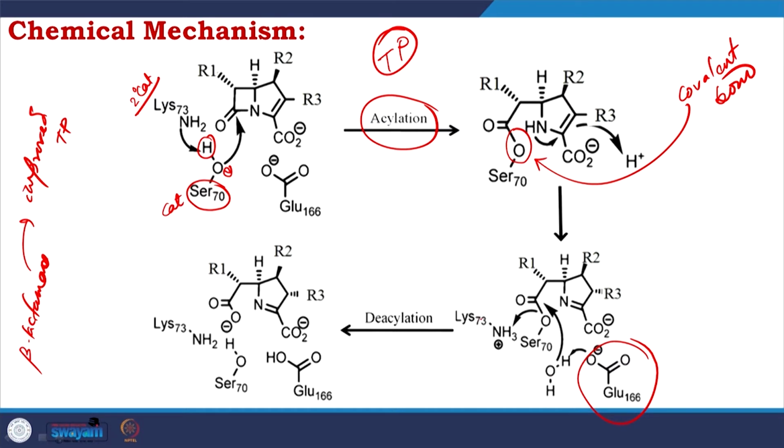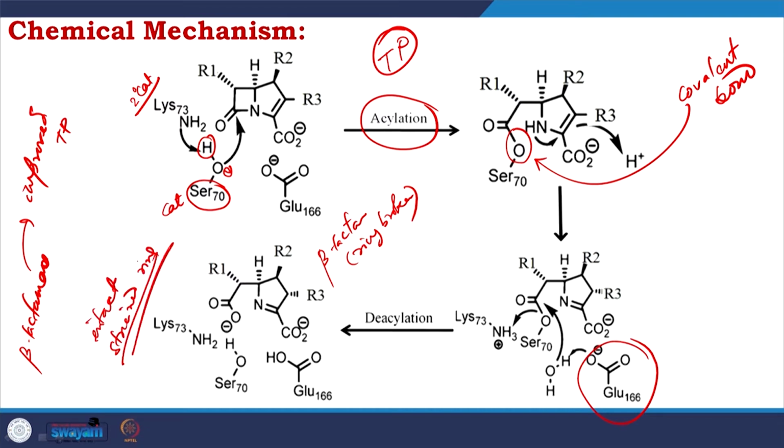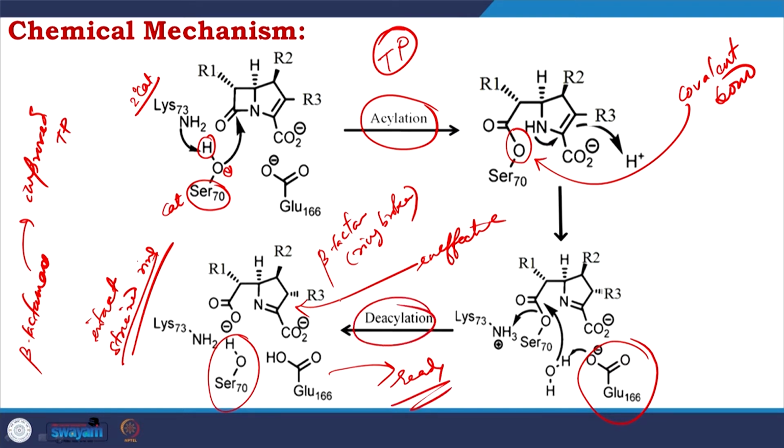So, now the beta-lactam ring is broken, and we know that beta-lactam's activity is because of the intact strained ring. So, in absence of that ring, it is now ineffective. But the enzyme, if you look, the serine is free. So, the enzyme is ready for another attack, and that is why the resistance happened, and the second step of the reaction is called deacylation.